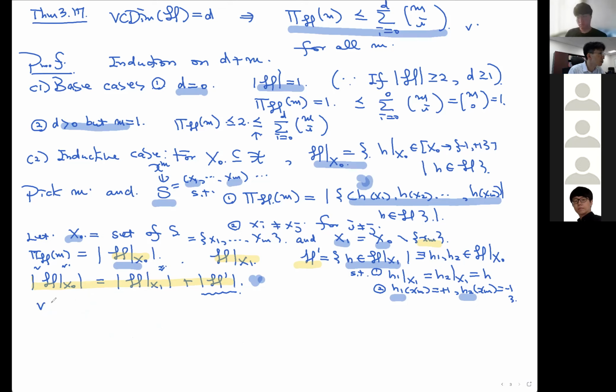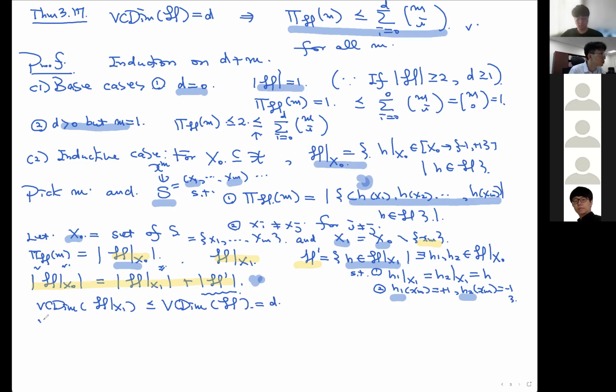One immediate thing we can say is that the VC dimension of h restricted to x1 is smaller than or equal to the VC dimension of the original h, which is equal to d.